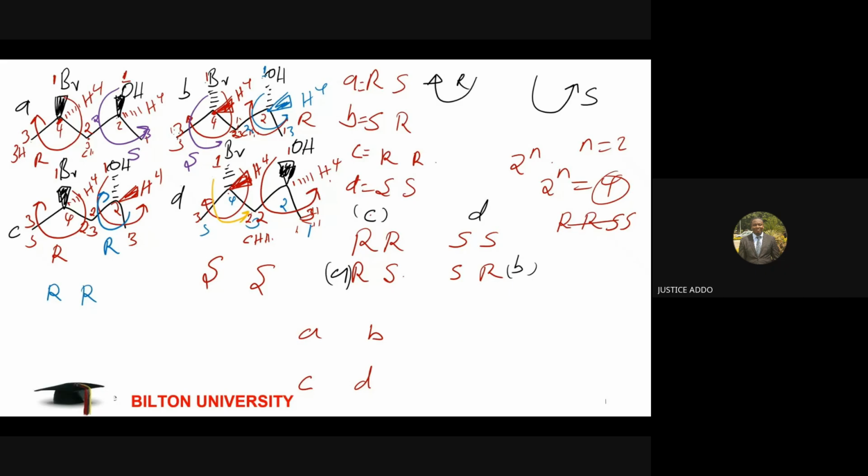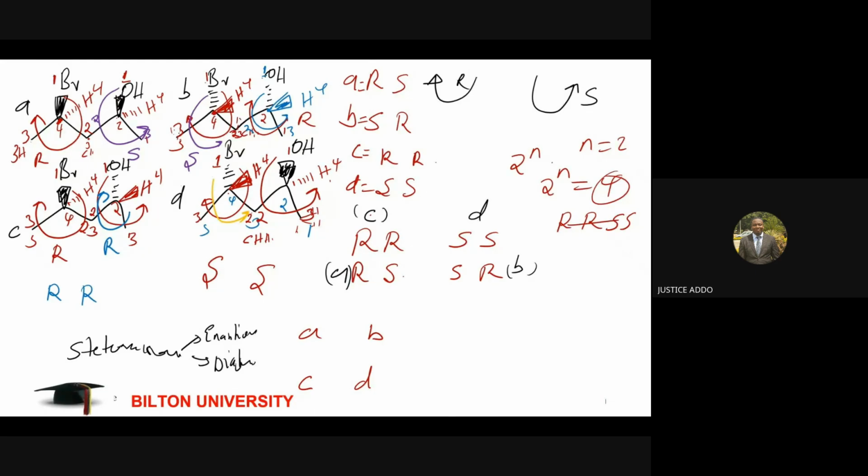Just like we have said, stereoisomers are molecules with the same molecular formula, but different attachment of the atoms in their three dimensions. With the stereoisomers, we can get enantiomers, and we can get diastereoisomers.